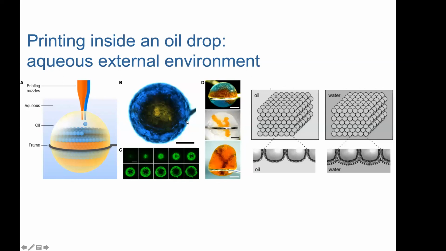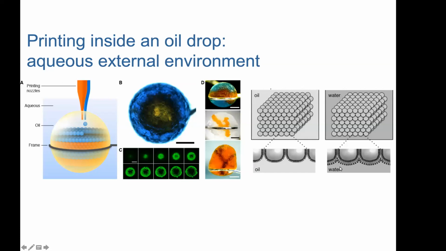But I just wanted to point out here that once these 3D printed structures have been transferred from oil to water, the monolayers that are on the outside will become lipid bilayers because they will take up more lipid molecules so that the hydrophilic head groups can point into the aqueous phase.